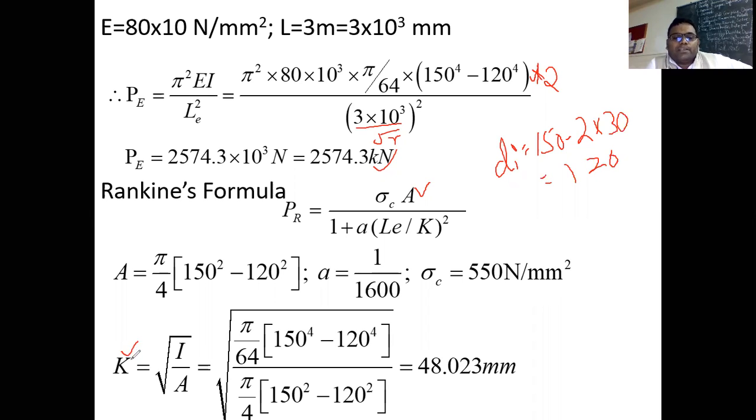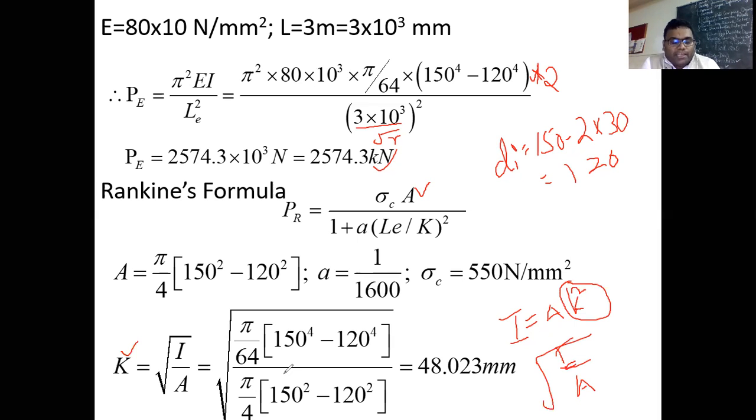So we have to calculate the radius of gyration, and that is the square root of I upon A. Actually, the formula of radius of gyration: I is equal to A k square, so k square is I upon A. You can directly use this formula and put the respective values of I and A, which you have already calculated.